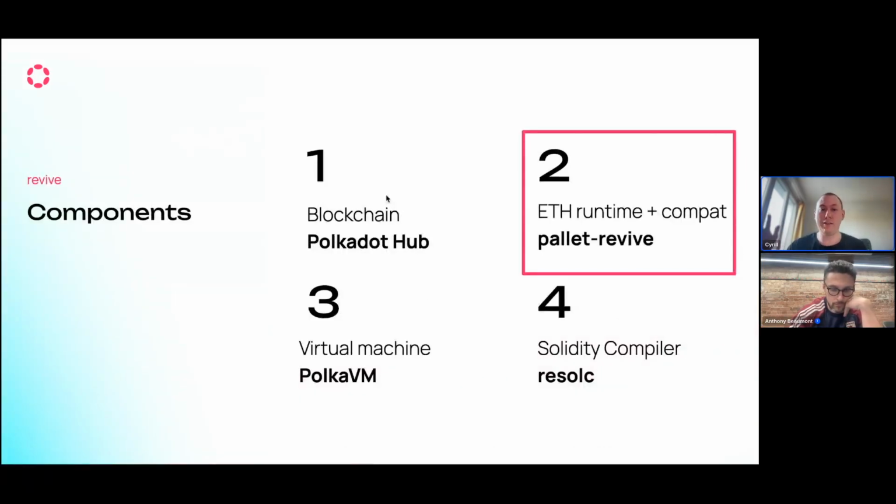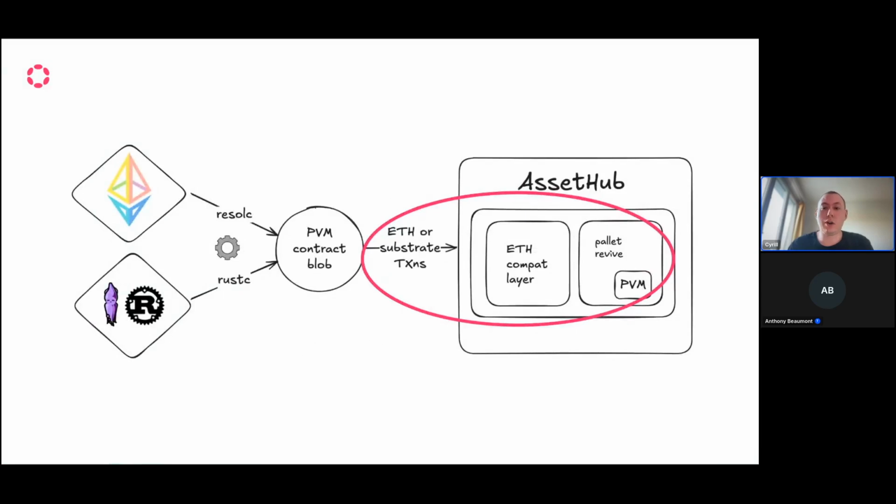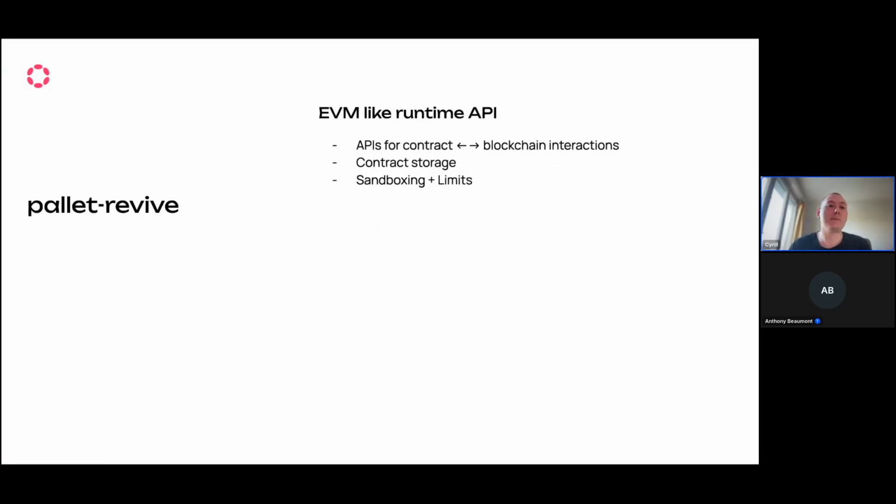Okay, now we have defined our blockchain and we know what we talk about when we say the Polkadot Hub. Let's go a bit lower level and talk about how we achieve Ethereum compatibility on our blockchain. What we want is an EVM-like runtime API. We are deploying RISC-V based contracts, which I will talk about more in a later slide, to explain why we are doing this.